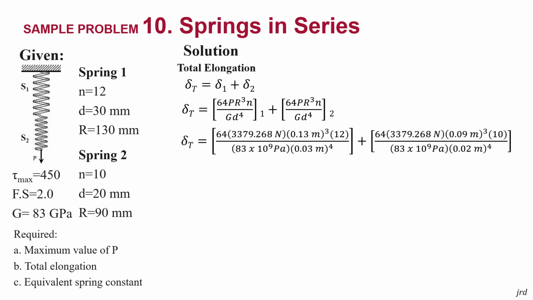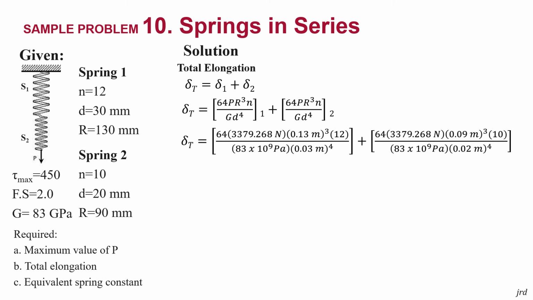Therefore, we have the first elongation of the first spring: 64 times 3,379.268 newtons times 0.13 meters raised to the power of 3 times 12 active coils, divided by the modulus of rigidity, 83 times 10 to the power of 9 pascals, times the diameter of our wire raised to the power of 4.